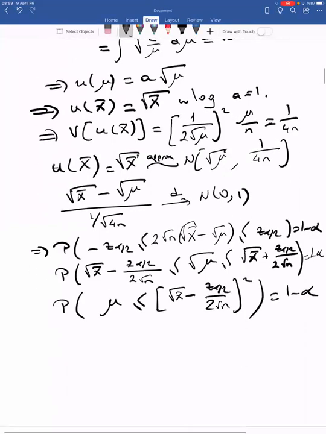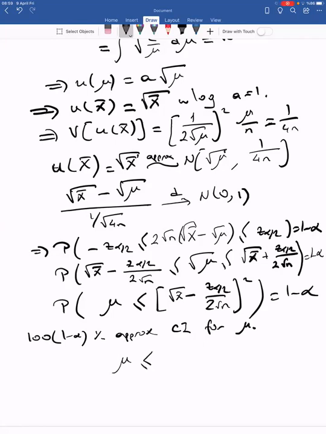So this will be our confidence interval. We can write the 100 times 1 minus alpha percent approximate confidence interval for mu as mu less than or equal to the square root of x bar minus z alpha over 2 over 2 square root of n, whole squared.